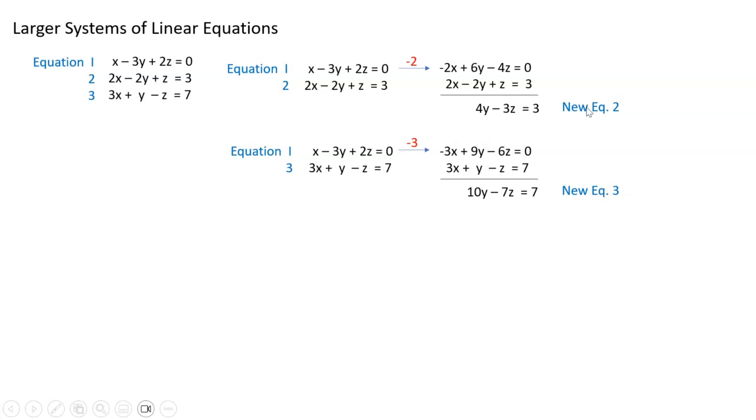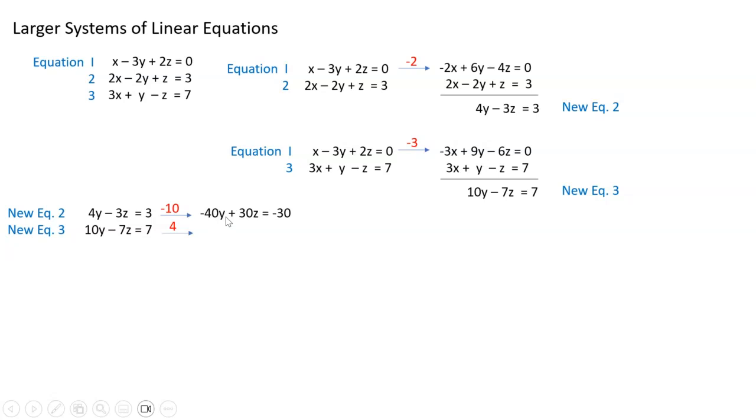Now I'm going to take the new equation 2 and the new equation 3 and eliminate the y's. Which means the new equation 2, I need to multiply by -10, and the new equation 3, I'm going to multiply by 4.